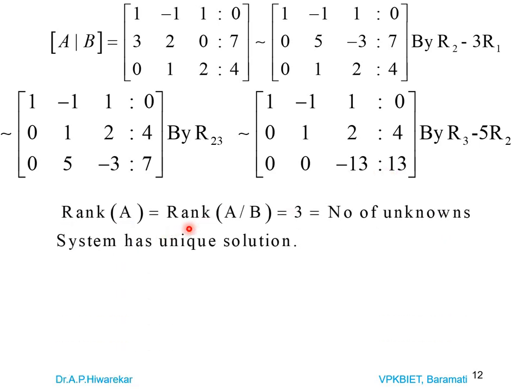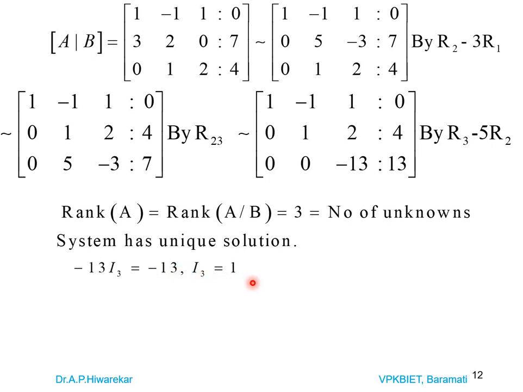So here the rank of A is equal to the rank of AB is 3, which is equal to the number of unknowns. The system has a unique solution. So minus 13 I3 is equal to minus 30.